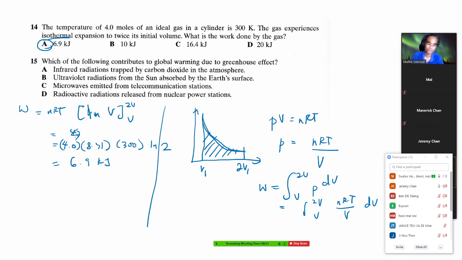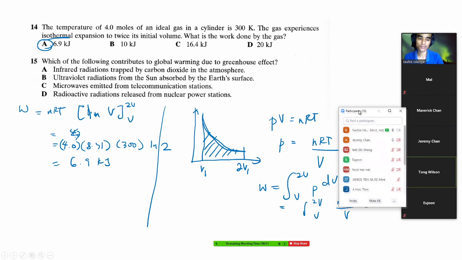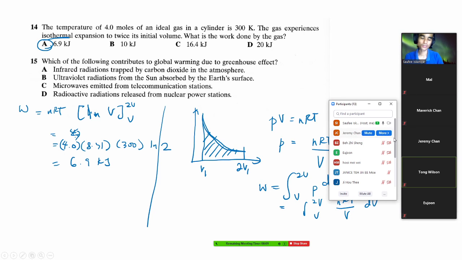Okay, the last question before we end today, we only have 3 minutes. Which of the following contributes to global warming due to greenhouse effect? Who was presenting the greenhouse? Who is it? I forgot already. Who was it? Maverick, sir. Maverick.